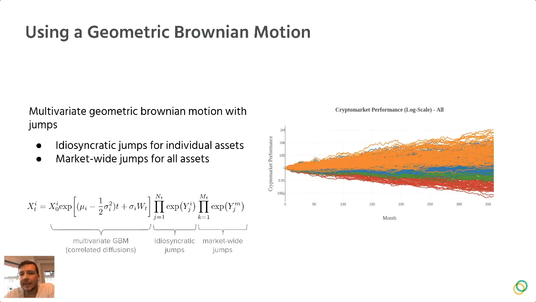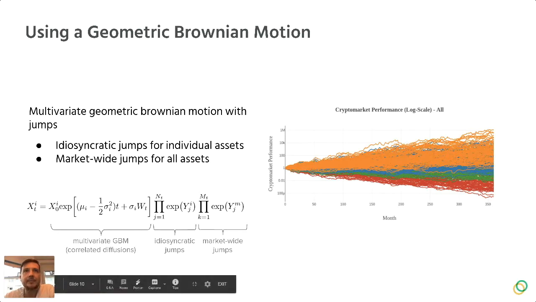With this formula, you can generate the demand paths or also the crypto market return paths for a lot of different assets. And when these are the risk factors you want to look at, you can use this geometric Brownian motion to look at them.